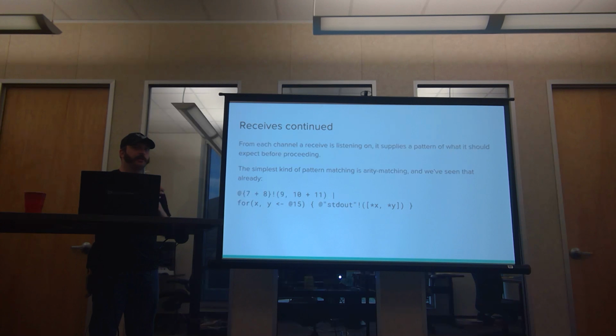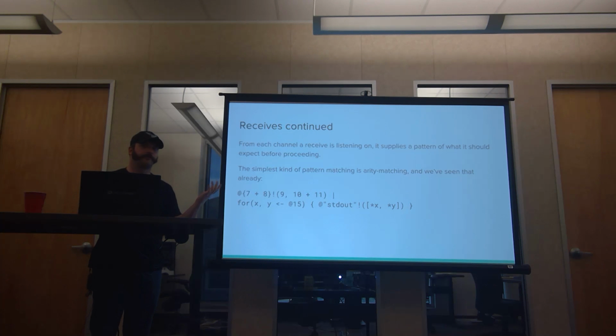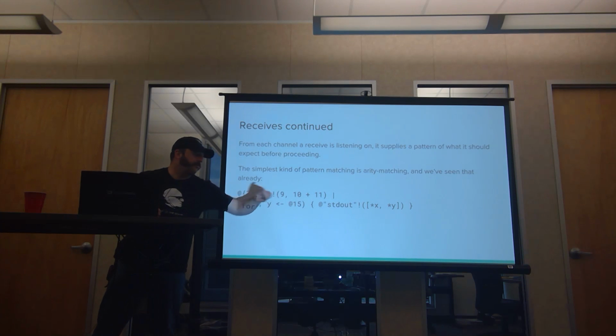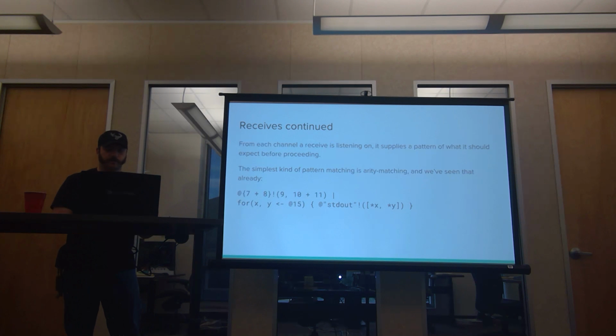Both things would be running in parallel, but neither would trigger the other. So what happens is when there's a send and a matching receive, the send disappears and the body of the receive executes. If they don't match, they both just stick around waiting for a send or a receive, respectively.